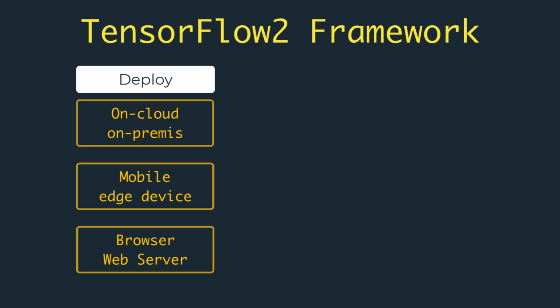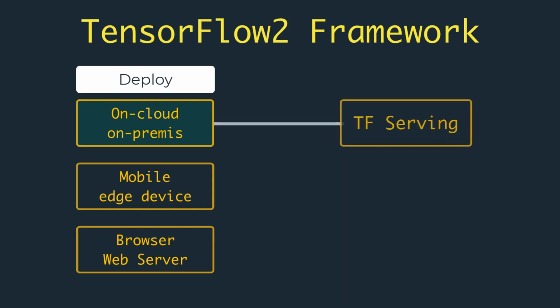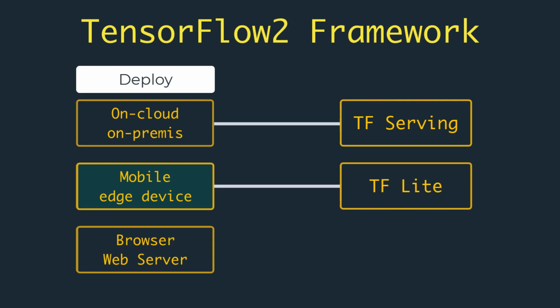First one, to deploy your model on cloud or on premises and serve it over HTTP REST and gRPC protocol buffers, TensorFlow provides the TensorFlow Serving library. Then, to deploy your model on Android, iOS, or embedded systems like Raspberry Pi and Edge TPUs, TensorFlow provides a very lightweight solution called TensorFlow Lite.